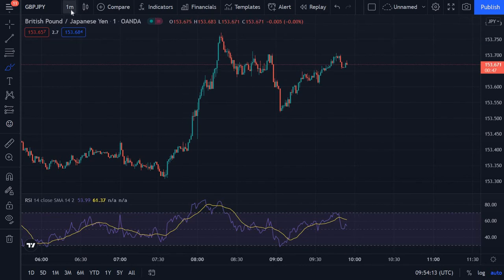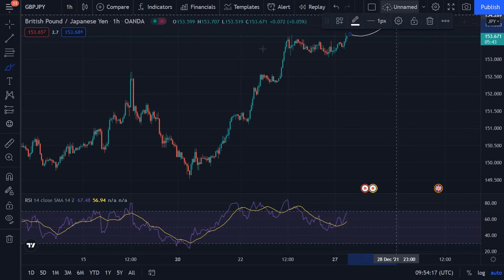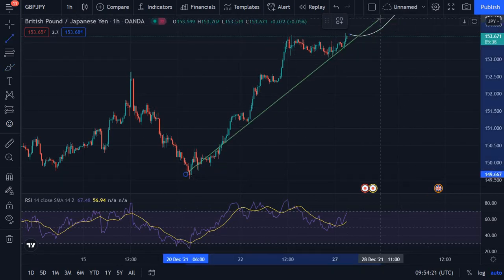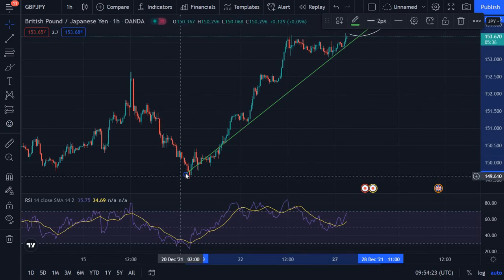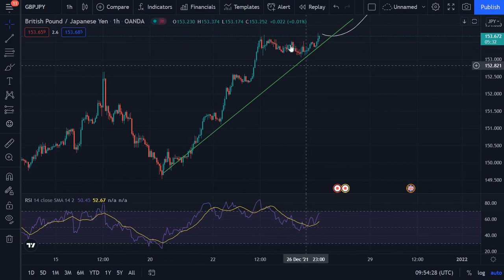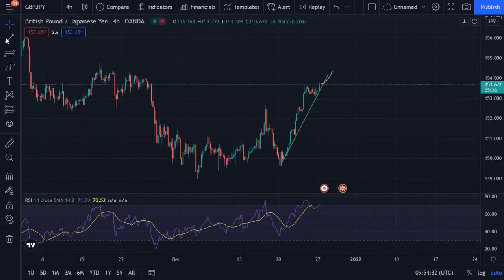Kind of a pullback, so initially the move looks up for now. So yeah, GJ will target at least these levels here.